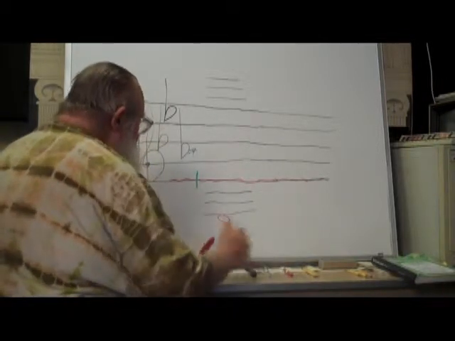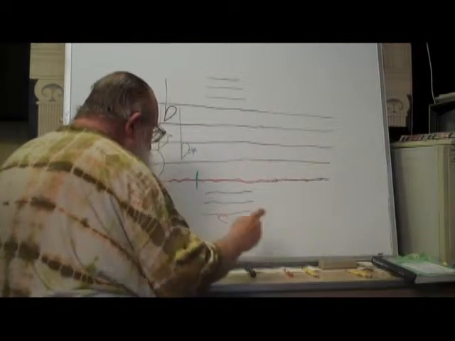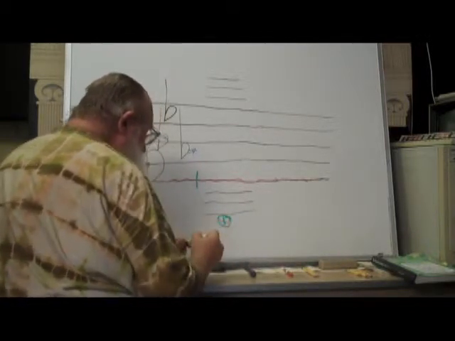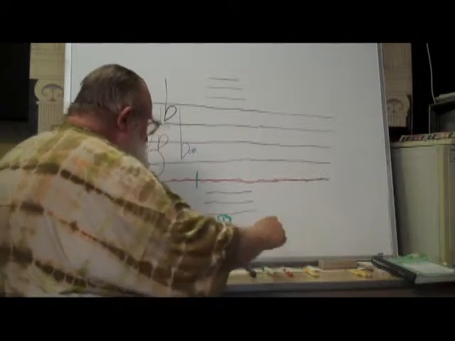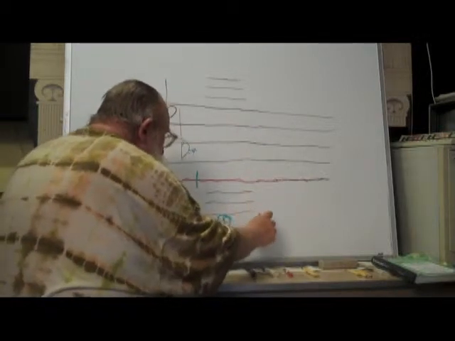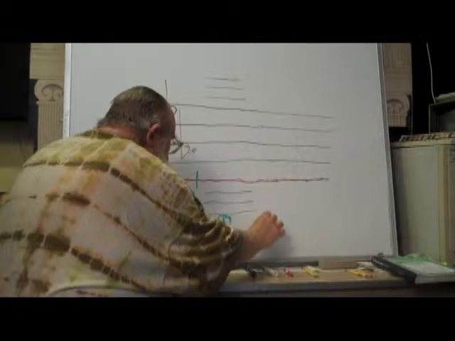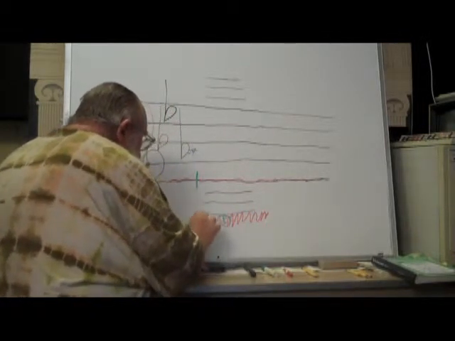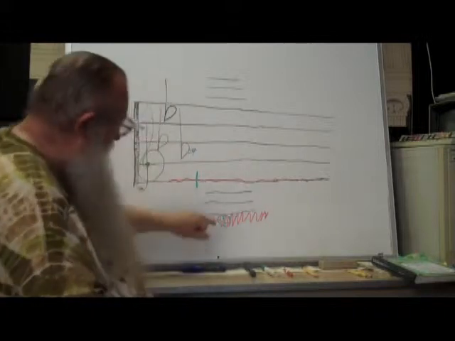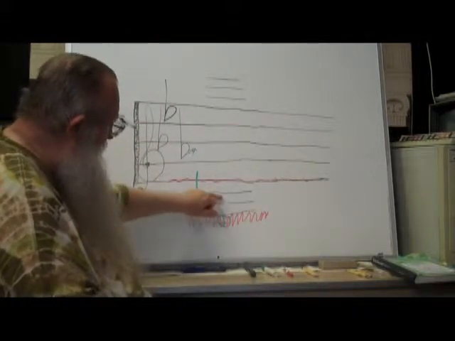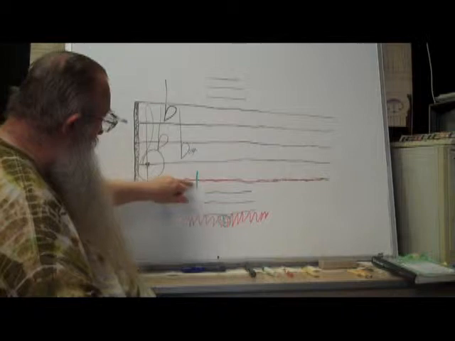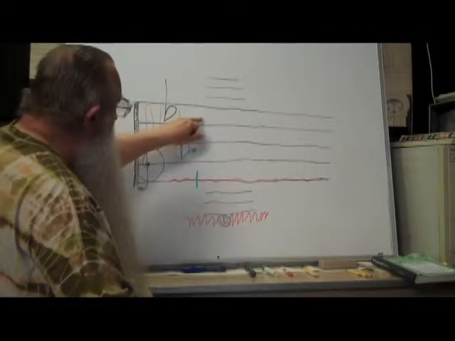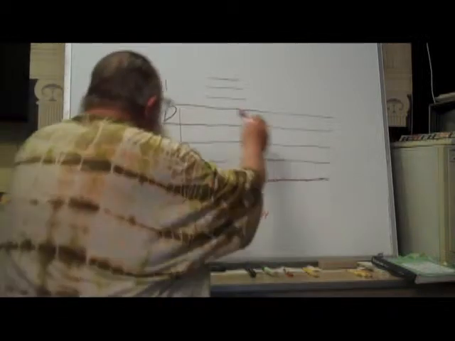So let me draw this in green. Here's our number 1. That means that this entire space, 3 ledger lines below, that whole space there is the number 1. 3, 5, 7, 1. 3, 5, 7, and then right there is the next one.